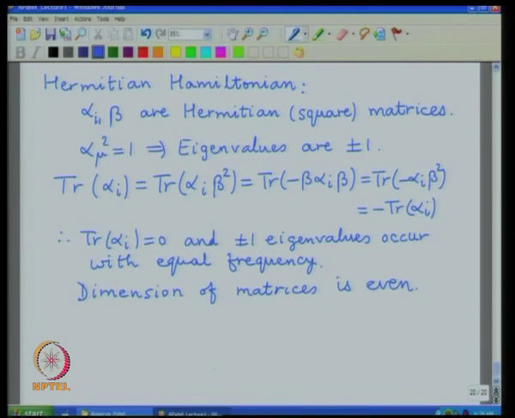Here these properties are independent of the choice of the basis, and one can now work out, based on this Clifford algebra property, what is the minimum number of dimensions when you need a given set of matrices.